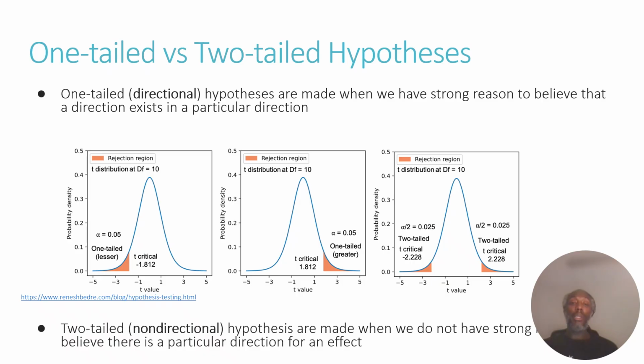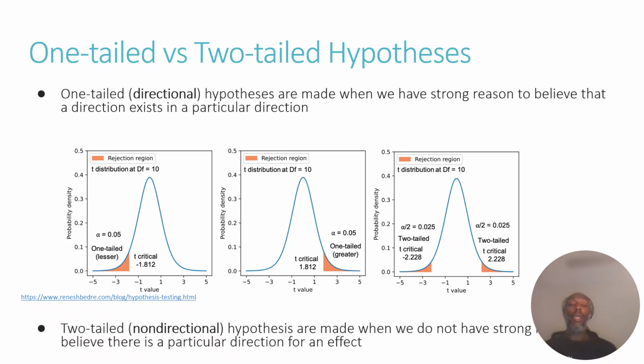On the other hand, if I make a one-tailed hypothesis, you can look at the figures to the left and in the middle. The one in the middle indicates a one-tailed hypothesis in a positive direction. So I'm saying that my focal group has a greater value on average than my comparison group. In that case, all of that alpha, all of that 5% of error that I'm willing to accept, gets placed on the right side.